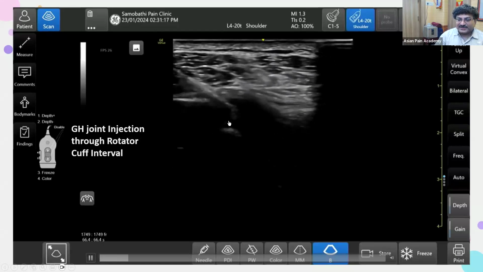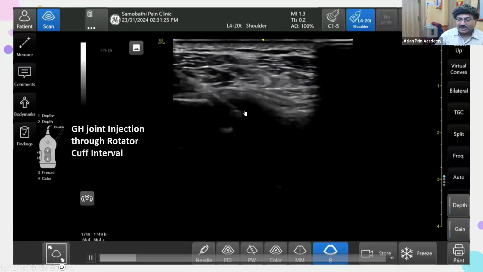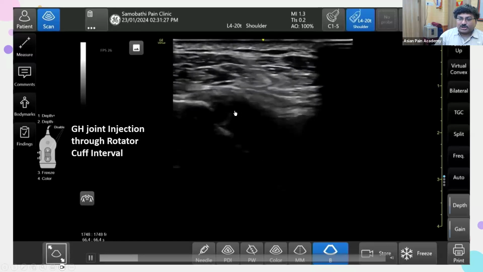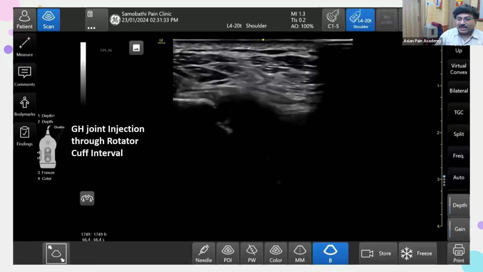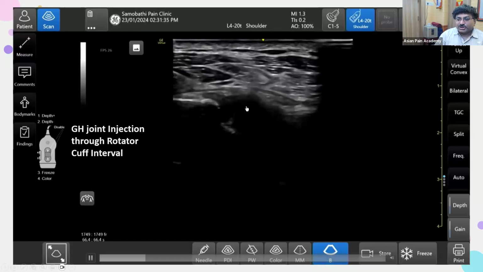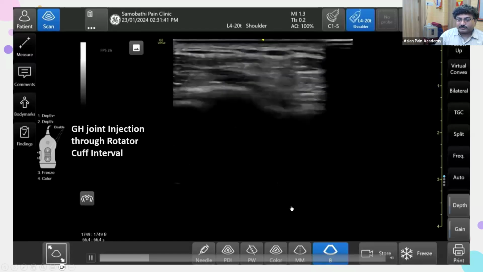We see the tendon here, just by the side we have reached, and then we'll start injecting and start the distension. One of the most common tips, I think everyone knows, is that whenever you are not able to see the needle properly, you rotate the needle. So here I am rotating it to see the needle a little better with the tissue movement.